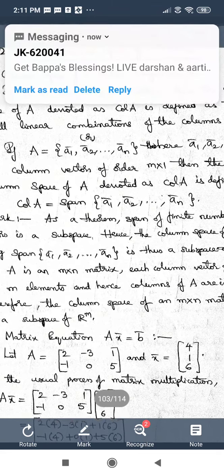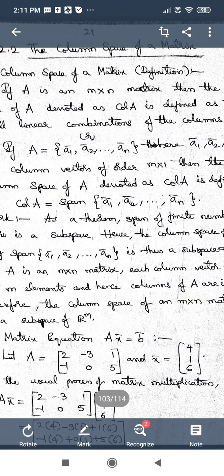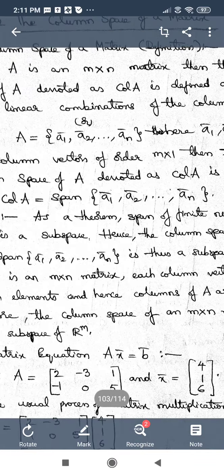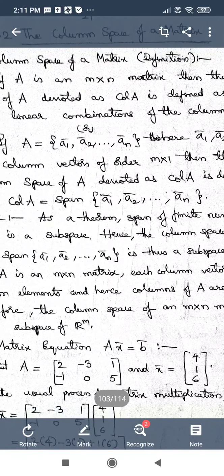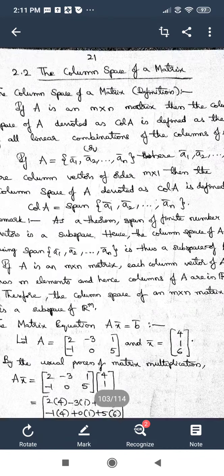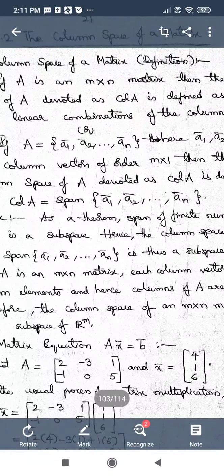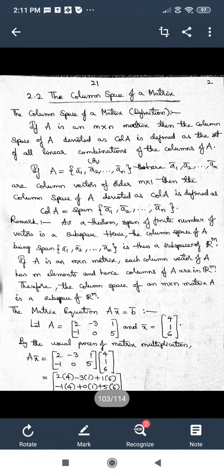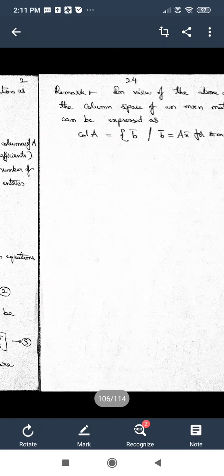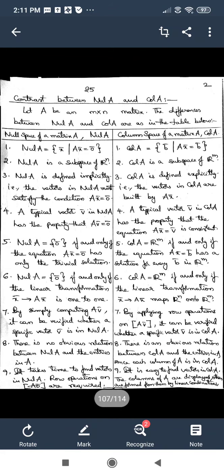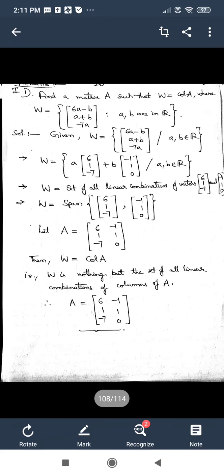This can be given in the set form like this: Col A is equal to span of a1 bar, a2 bar, and so on up to an bar, where a1, a2, and so on up to an are the column vectors of the matrix A. So this is the definition of the column space of a matrix, and we have seen the differences between Null A and Col A also.